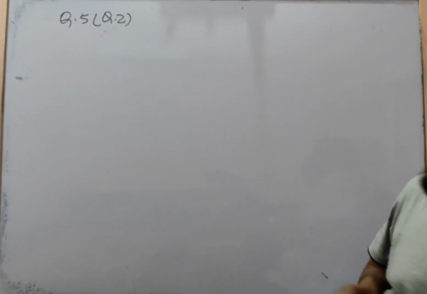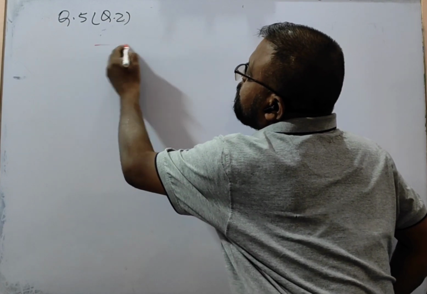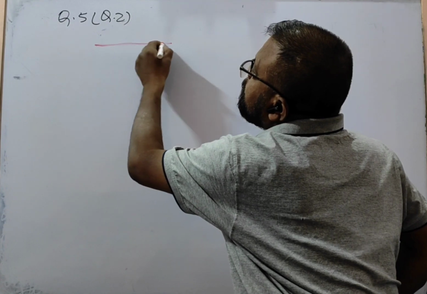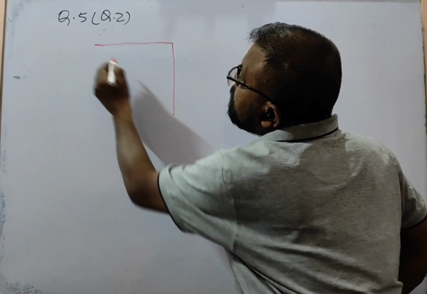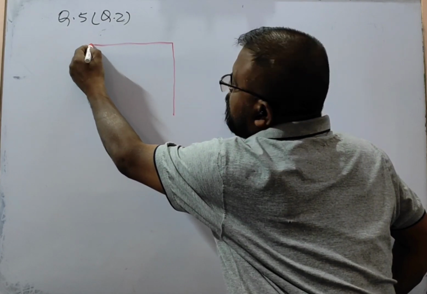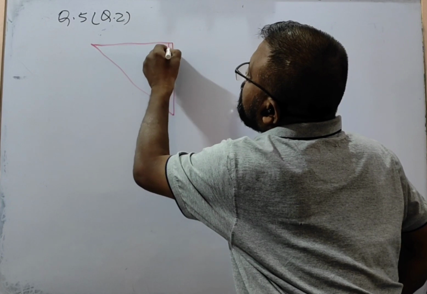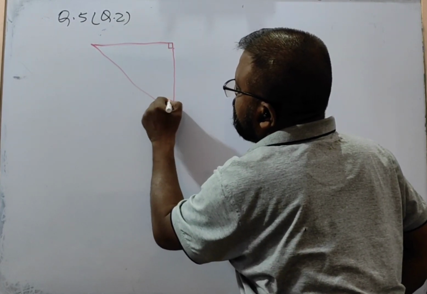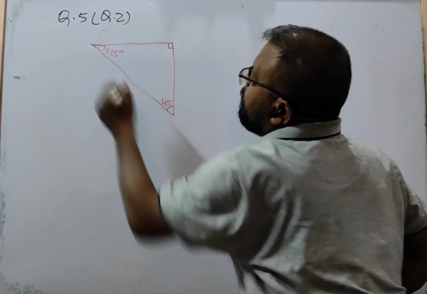Again, it is an isosceles triangle because this is 90 degree, this is 45 degree, this is 45 degree, right?